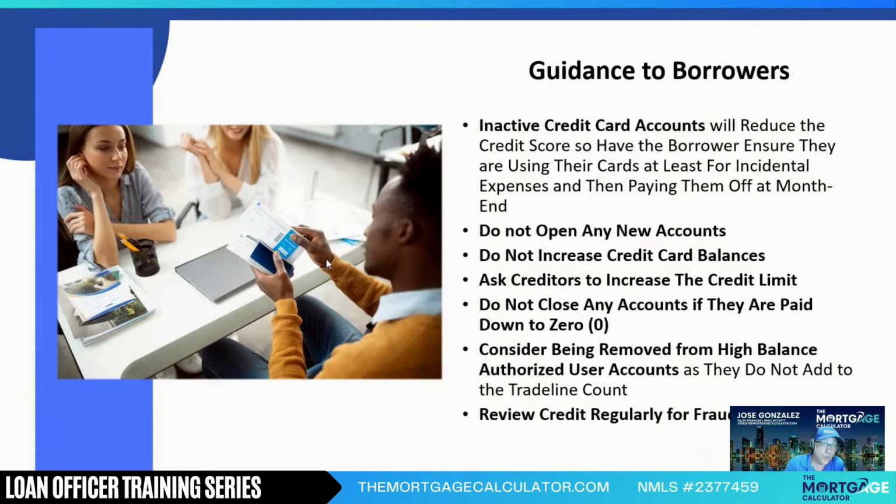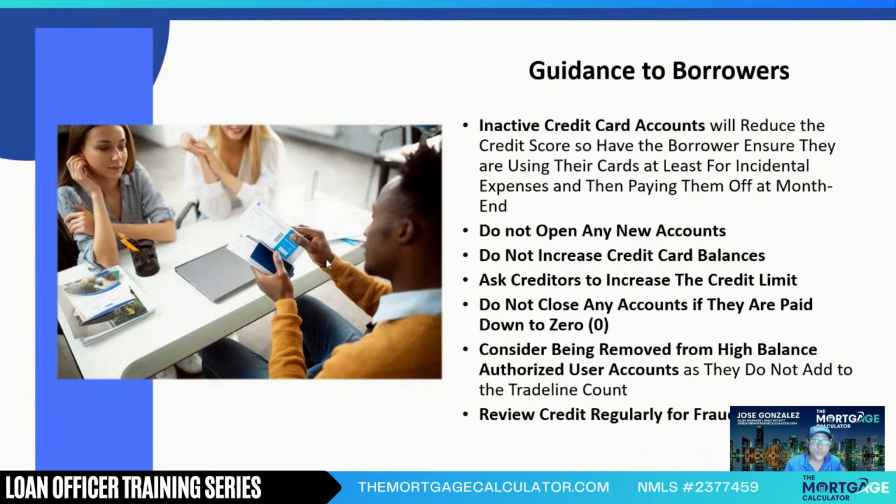Do not close any accounts if they are paid down to zero. That's critical. Pay them down to zero, but don't close them, because if you close them, you not only eliminate the payment history and length of time of the account being open that was attributed to that account if you've had it for a while, but you will also decrease your available limit and you'll increase your utilization.